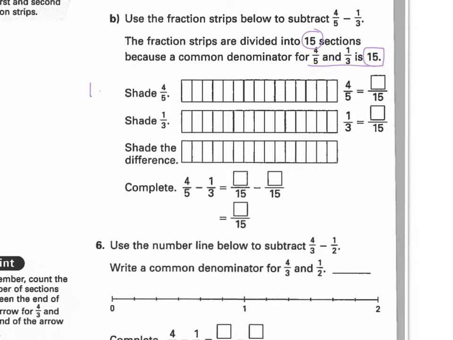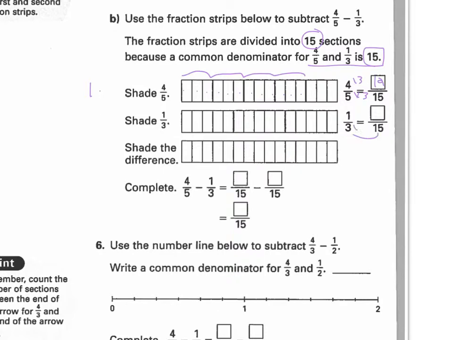First, shade in 4/5. I can see there are 1, 2, 3, 4 sections. If I count, that should equal 12. 1, 2, 3, 4, 5, 6, 7, 8, 9, 10, 11, 12, because that would multiply by 3.